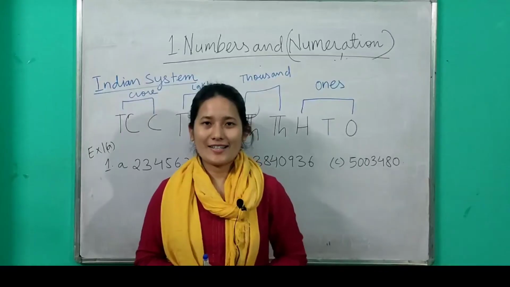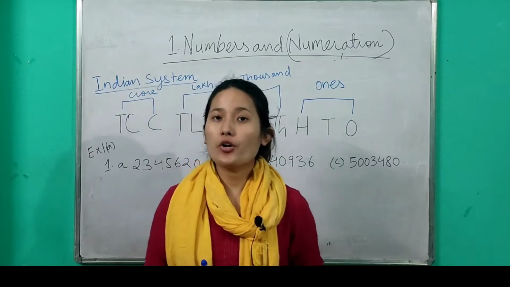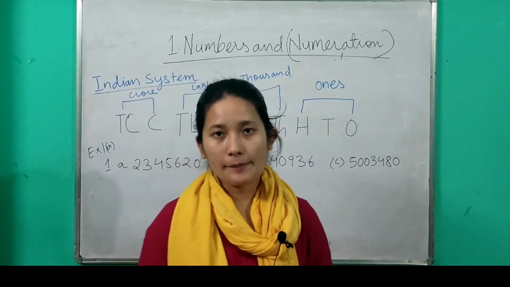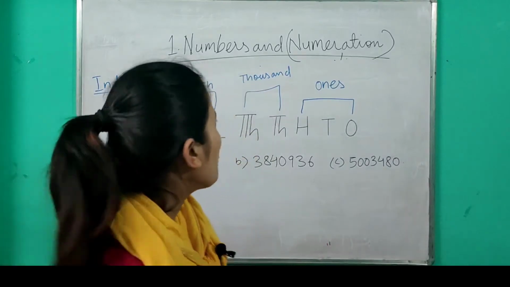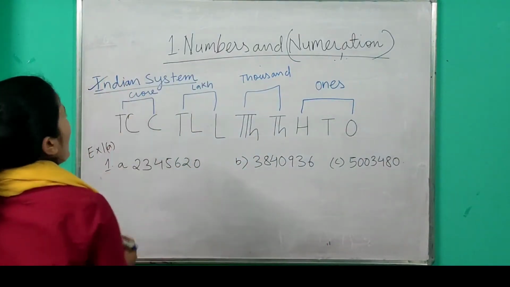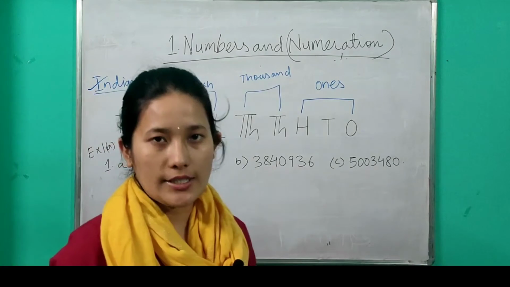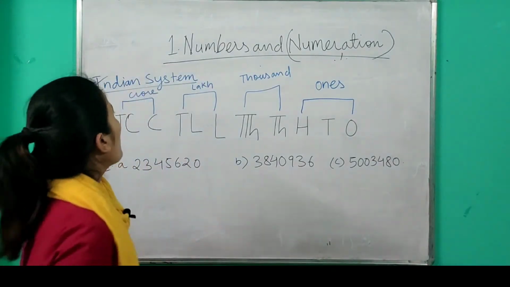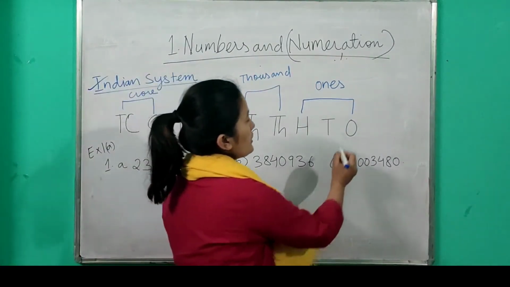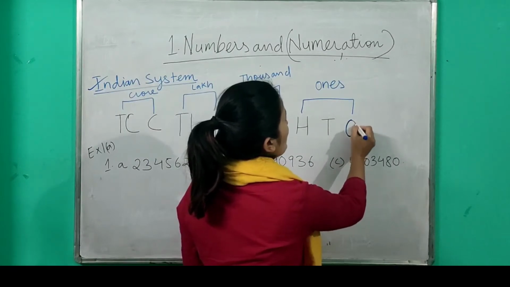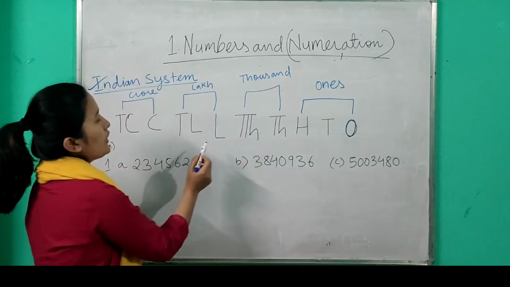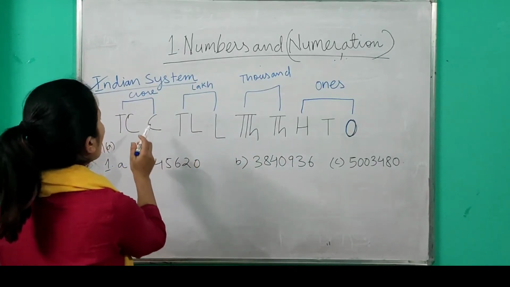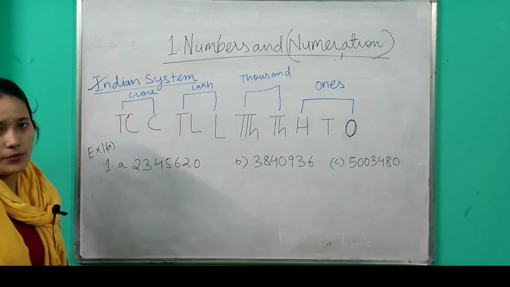Now before moving on to the exercise or the examples, first let us revise the place value chart, first of the Indian system and later that of the international system. The place value chart of the Indian system starts with ones, then tens, 100, 1000, 10,000, lakh, 10 lakh, crore and 10 crore.